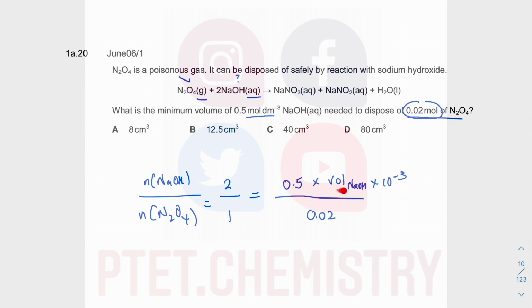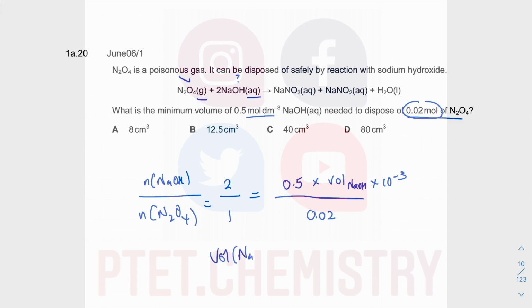So I want the volume in cm cube, convert that to dm cube before I multiply by mole per dm cube. So mole per dm cube times dm cube will give me mole on top. 0.02 mole at the bottom is a mole ratio.